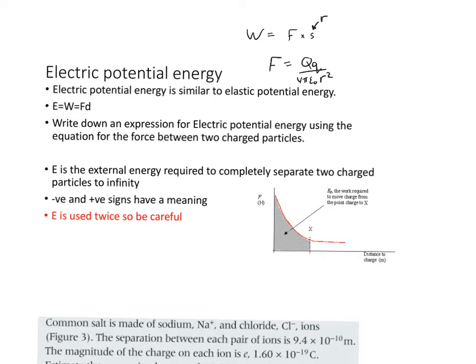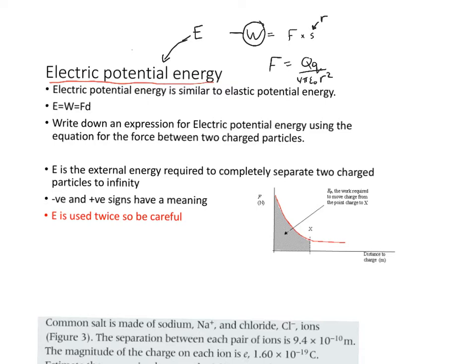So if I want to calculate the electric potential energy, instead of work done, we will be using the symbol E. Please don't get that mixed up with electric field strength, which is also represented by a capital E. It's a common mistake, and it's understandable, but as long as you remember how to derive each equation, you won't make that mistake either way.